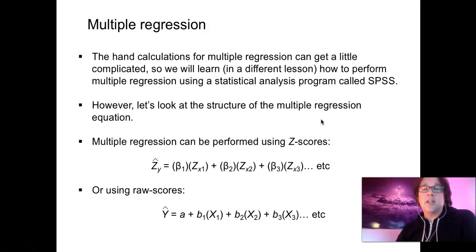The hand calculations for multiple regression can get a little complicated, so we will learn, in a different lesson, how to perform multiple regression using SPSS. But let's just take a look at what a multiple regression equation looks like, just so you can understand what exactly is going on to produce that SPSS output here.